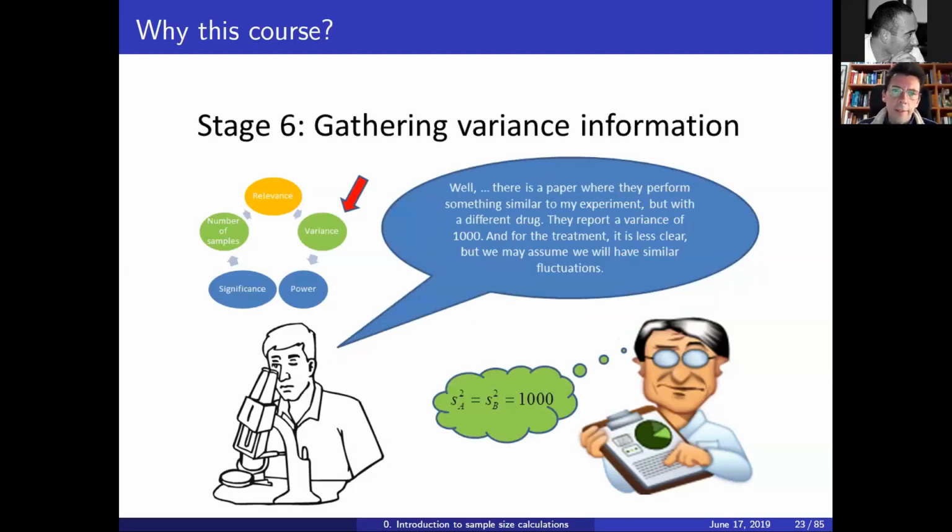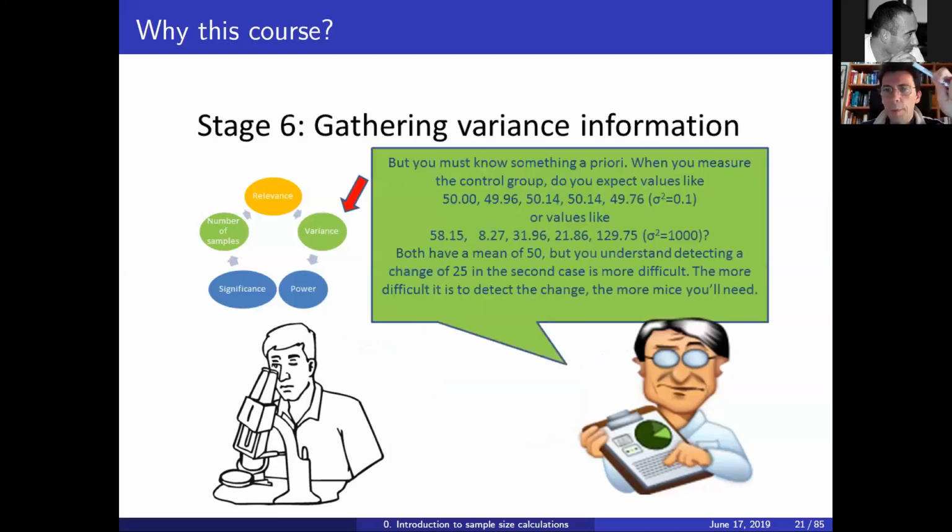And then he goes easier, and well, there is a paper where they perform something similar to my experiment, but with a different drug. And for the control, they report the variance of about 1,000. So we would be more in this kind of situation where the average is 50, but there are already animals that have lesions that are smaller, much smaller than the target area that you have.